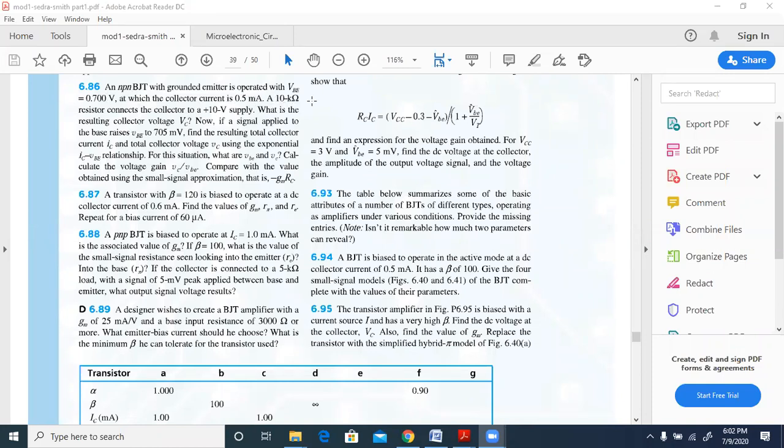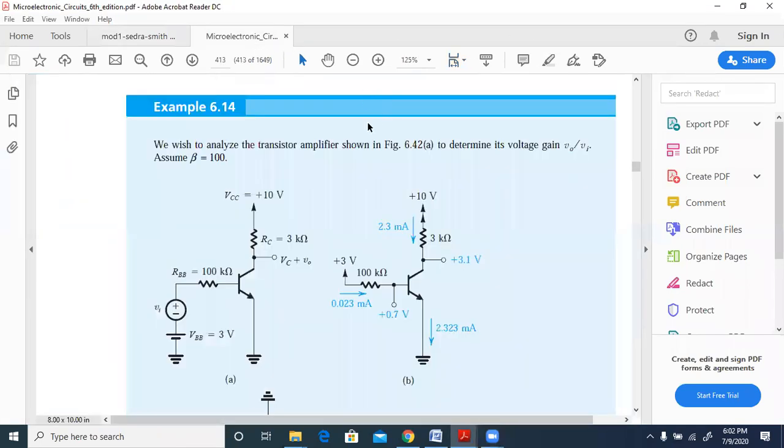We have a 10 kilo ohm resistor which connects the collector to the 10 volt supply. A 10 kilo ohm collector resistor connected to a 10 volt supply. So grounded emitter means we have the same circuit which we had in this case.